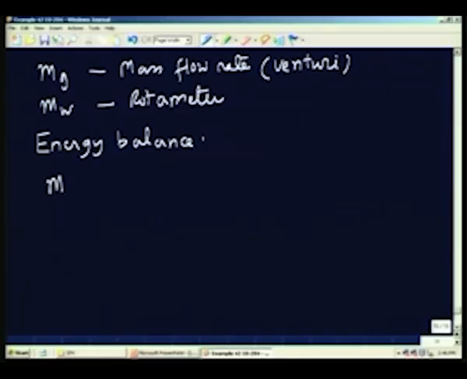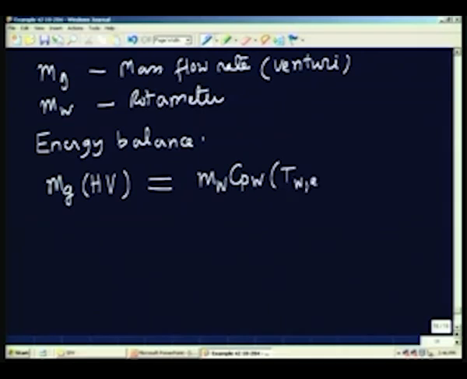So, we will say the mass of the gas which is being burnt, multiplied by the heating value, must be equal to the mass of the water multiplied by Cp for water multiplied by Tw at exit minus Tw at entry, this is for the water, plus the gas which is coming in at its own temperature, it goes out maybe at a slightly higher temperature.